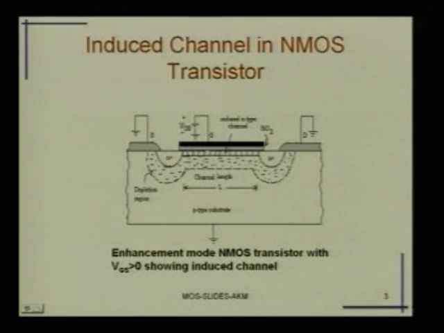So the material characteristics effectively change from p-type to n-type. On the surface layer we now have mobile electron carriers, and these electrons establish what we call the channel. The channel is established as we go on increasing the voltage between the gate and the source. Here the gate should be positive with respect to the source, driving out the initial majority carriers, the holes, from the surface down to the substrate and slowly exposing the acceptor ions.